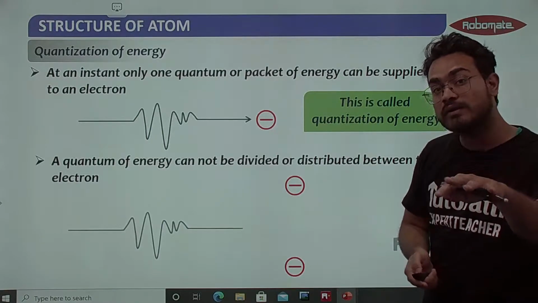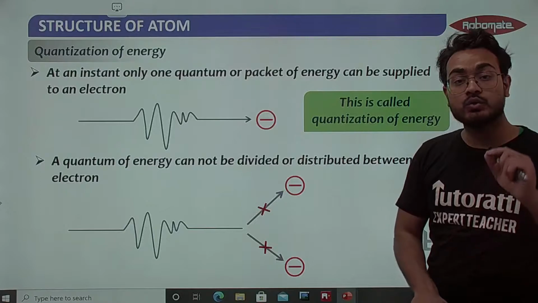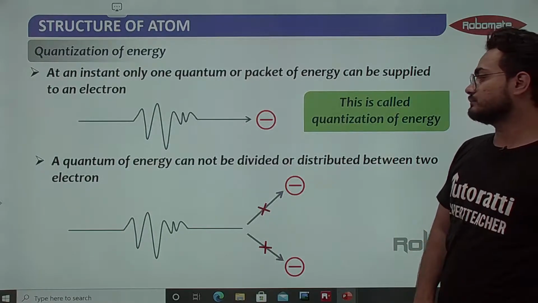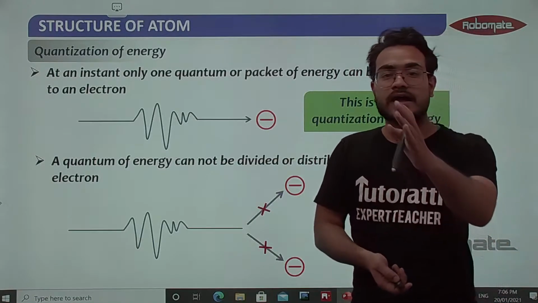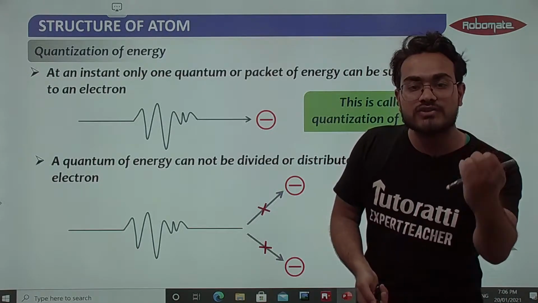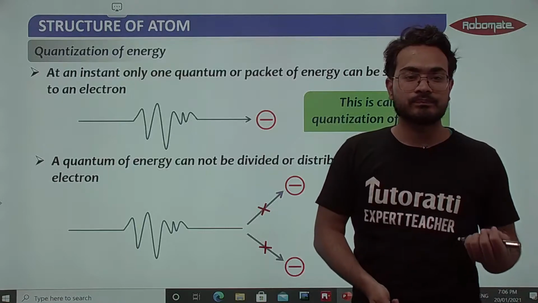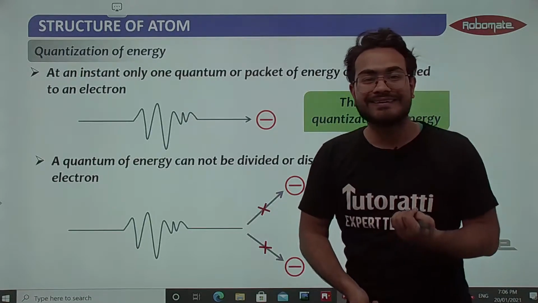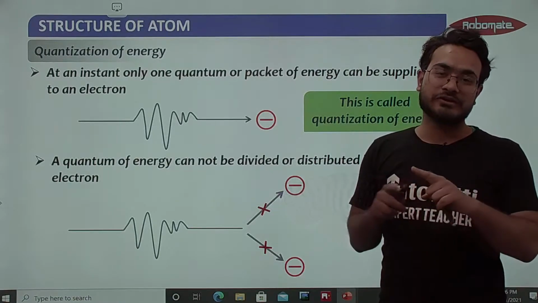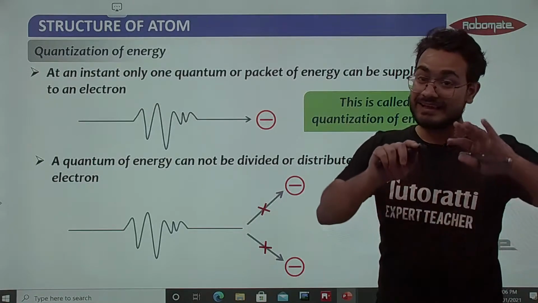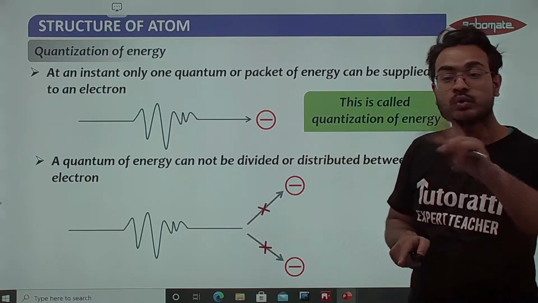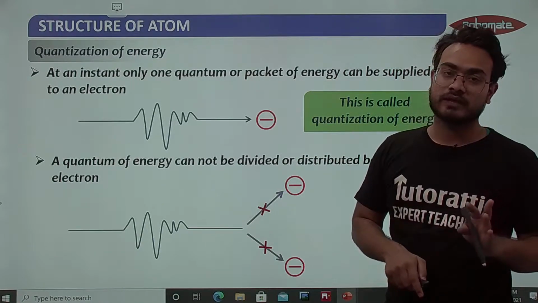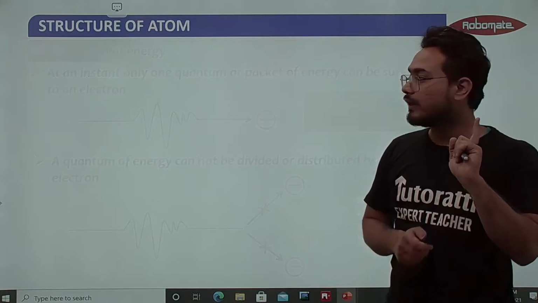The same quanta also cannot be supplied to two different electrons. The quantum of energy cannot be divided; if the quanta is already the smallest unit, you cannot divide it. You cannot use the 1 rupee at two places. Similarly, this quanta cannot be supplied to two electrons. It will only be supplied to one electron.